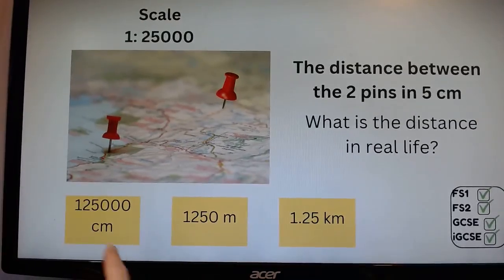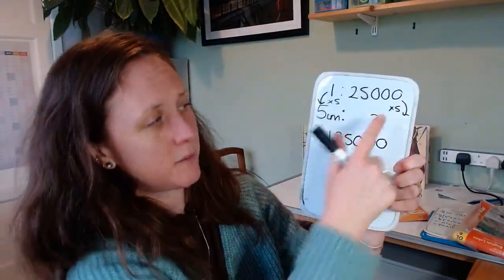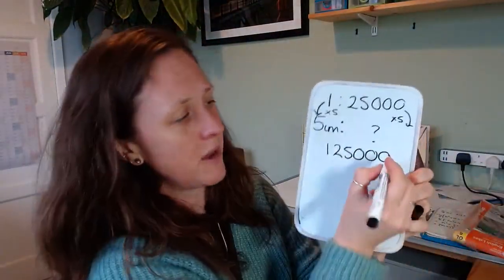In this case, it means 125,000 centimetres because I was working in centimetres. So I can't just change the units here. They've got to stay the same. If this one's centimetres, this one's got to be centimetres too.